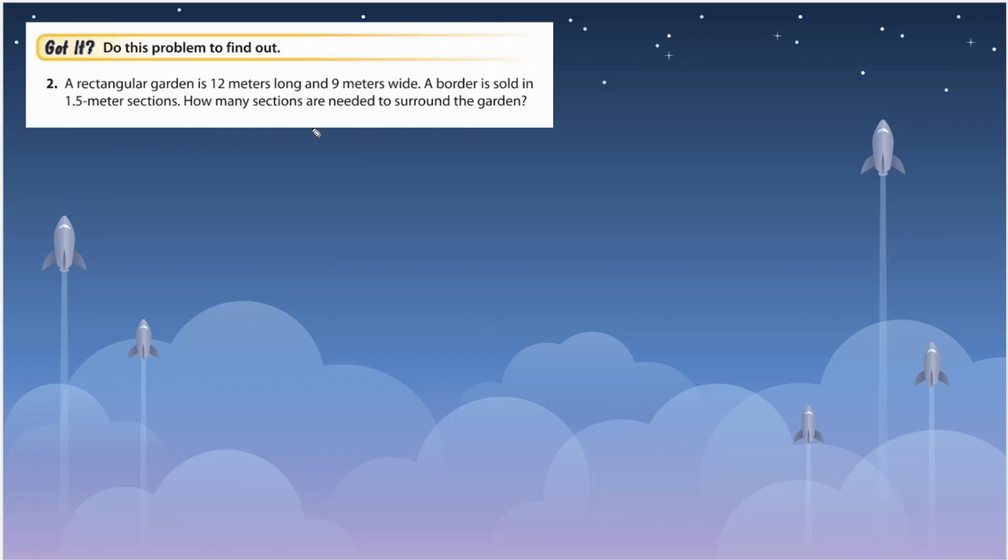Well, we know that if we're going to go around a shape like a rectangle, this idea is called the perimeter. Right? And we also know, or if you don't know, you can look this up, perimeter is equal to 2 times the length plus 2 times the width. But is that what we're finding, the perimeter? No. We're finding how many sections are needed to go around the garden. So these sections are going to go around the garden, right?